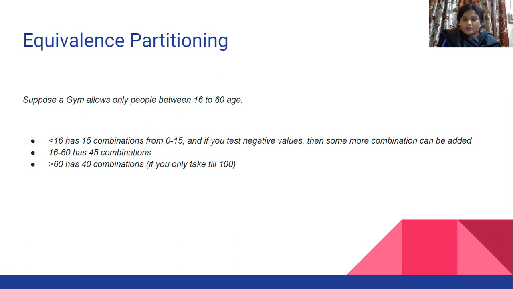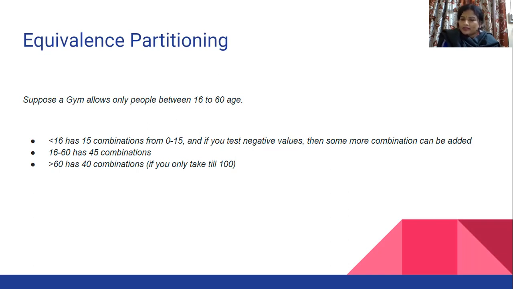Suppose for explaining equivalence partitioning, I have taken an example that let's say we have a gym software that allows people between age 16 to 60. Here I can test for 100. Let's make an assumption that people up to 100 age will be applying for the gym.